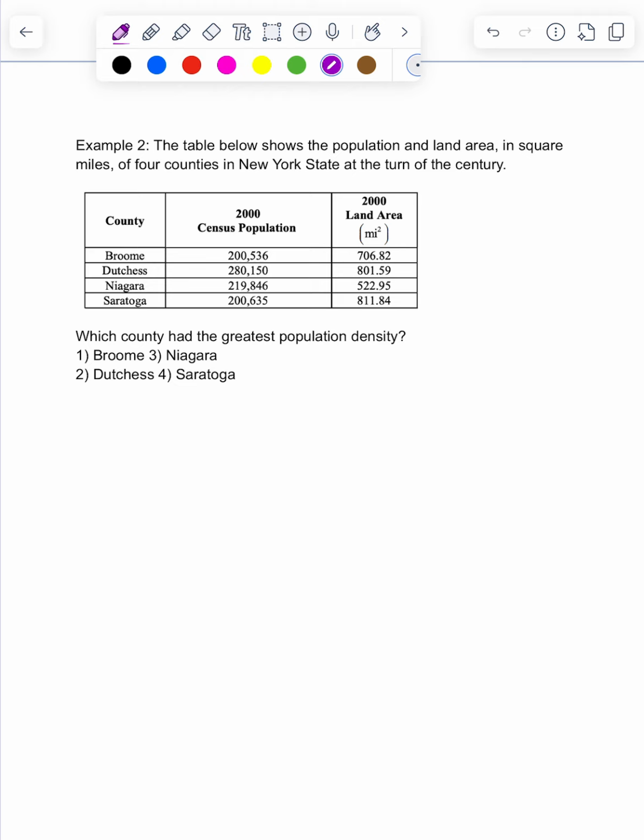So here it's talking about the population in different counties of New York State and the area that the people occupied. So our density formula is D equals M over V. When we're talking about living things, so population density, the mass refers to the number of living things. Just like in the previous example, that referred to the number of fish.